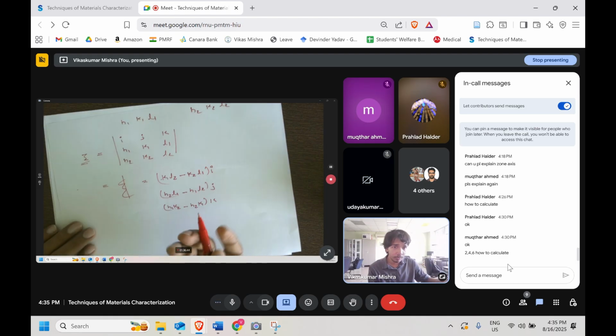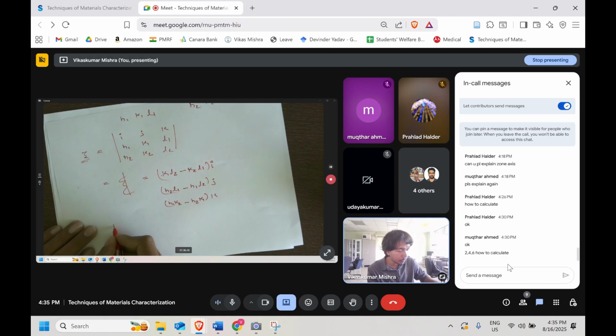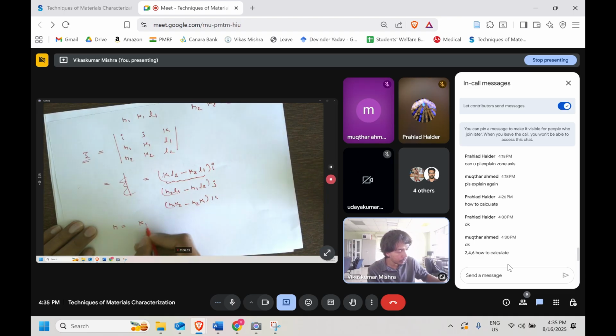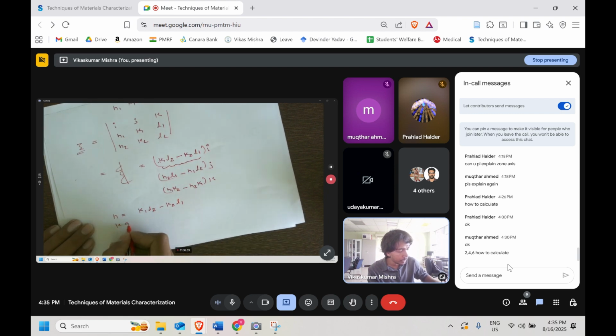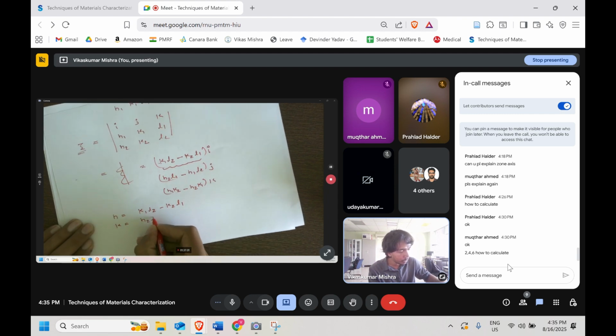So if you say it in terms of hkl, the h component will be k1 l2 minus k2 l1. The k part will be h2 l1 minus h1 l2, and the l part will be h1 k2 minus h2 k1.